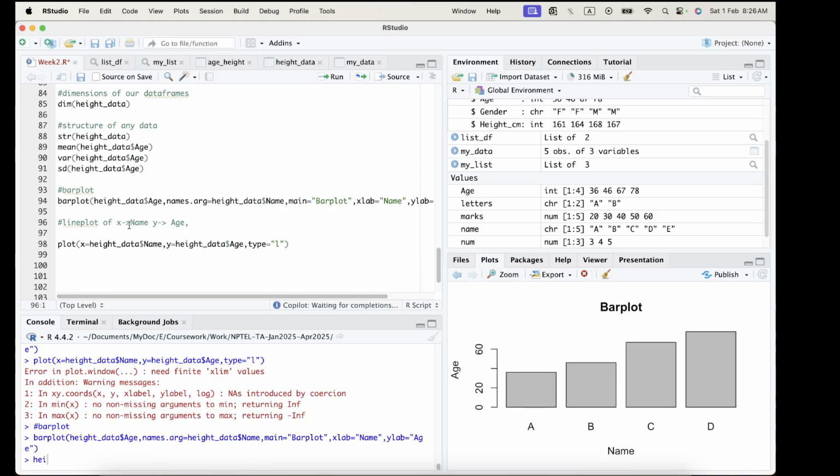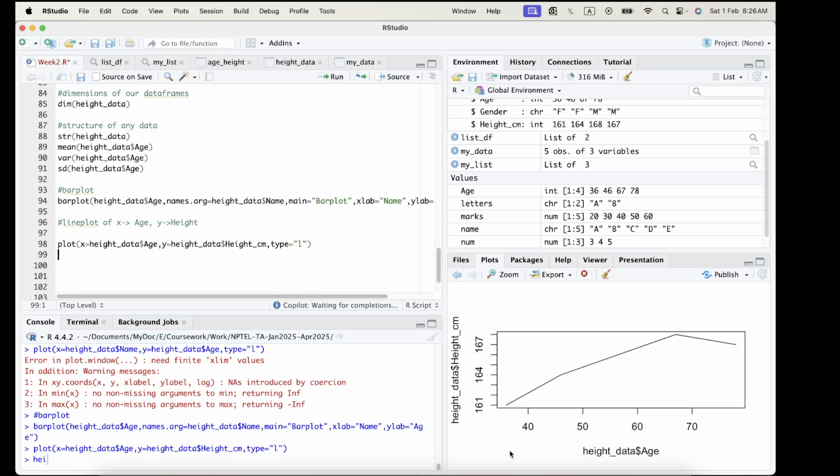So let's say we want a line plot where x is age and y is height. I write x equal to age and y equal to height centimeter, and then type equal to L. Okay, so this is how it is looking.